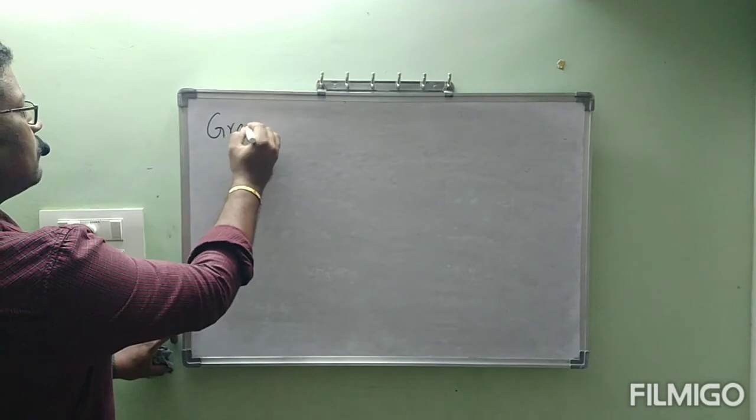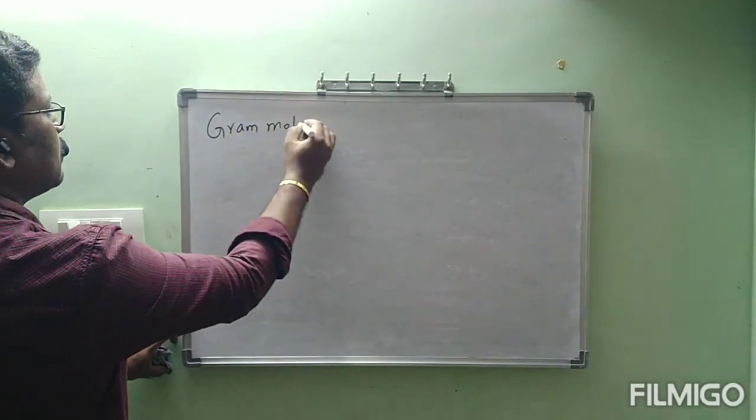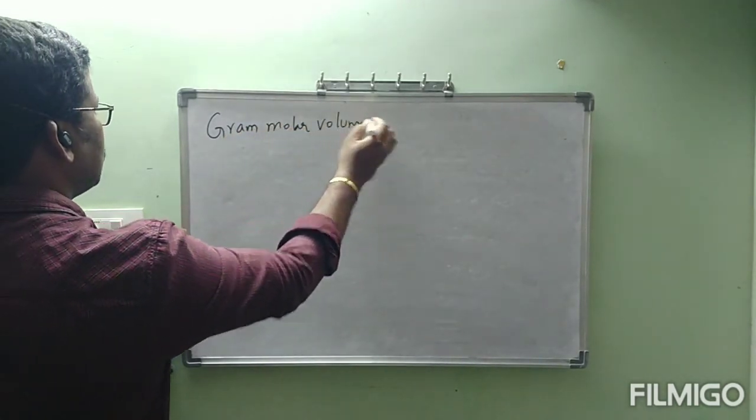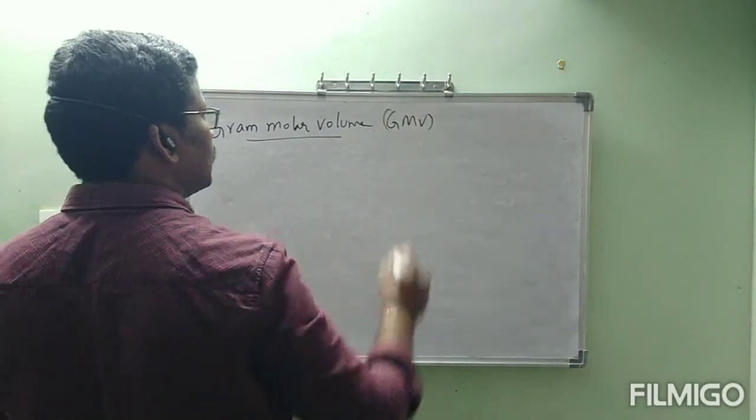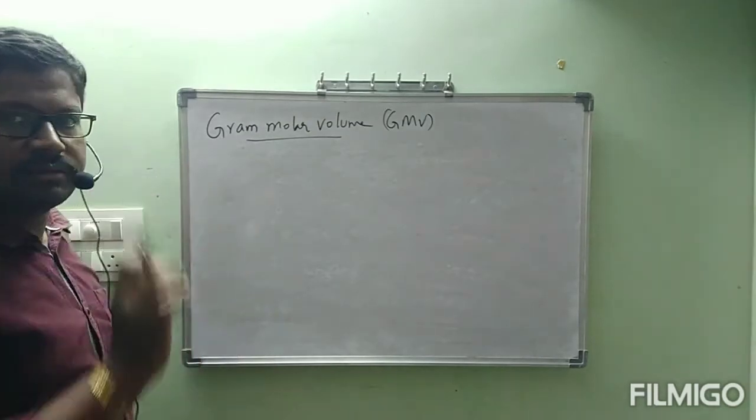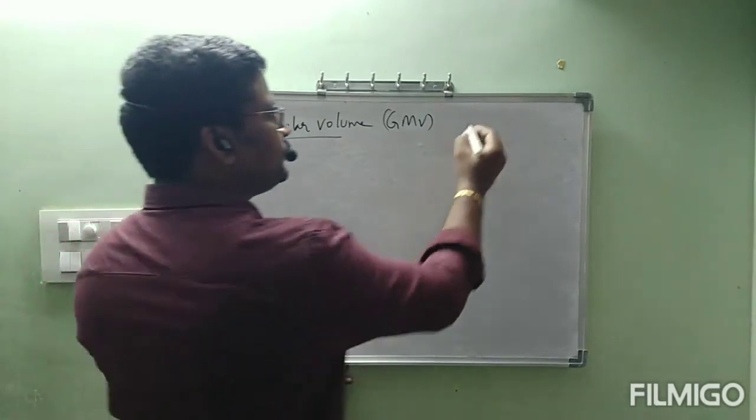Next definition is gram molar volume. Shorthand representation is GMV. This is the term useful for gases only.